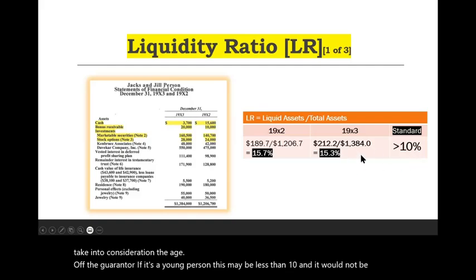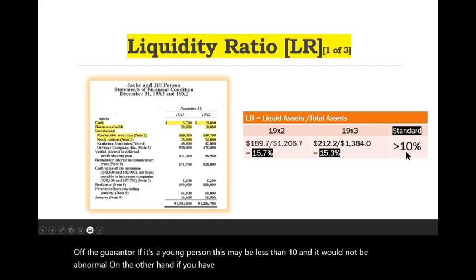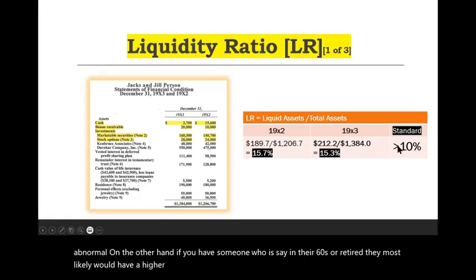On the other hand, if you have someone who is, say, in their 60s or retired, they most likely would have a higher percentage of liquid assets. So their liquid ratio would be greater than 10%. So again, general rule, the higher, the better.